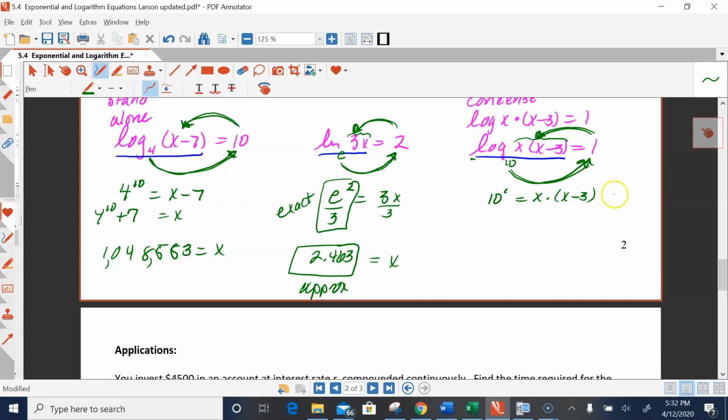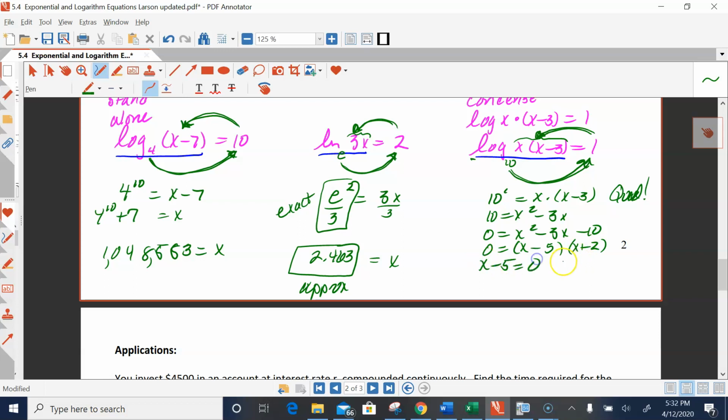Well, this guy turns into our lovely quadratic. I'll have 10 equal x squared minus 3x. Well, quadratic, let's get all terms on one side. This one is going to factor. 10 is 5 times 2, negative 5, positive 2.